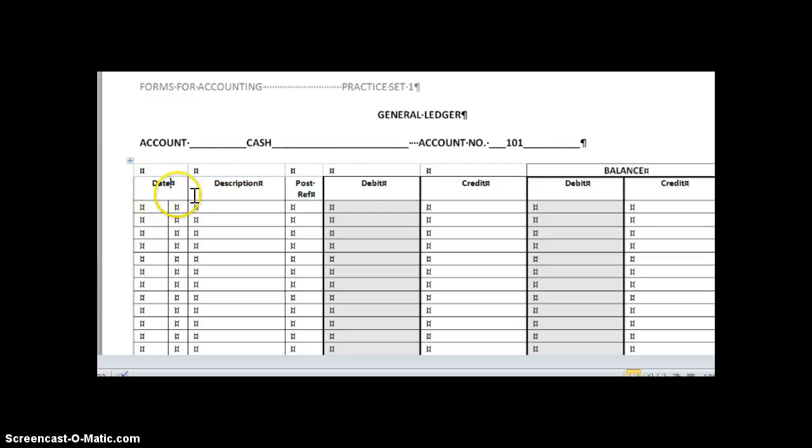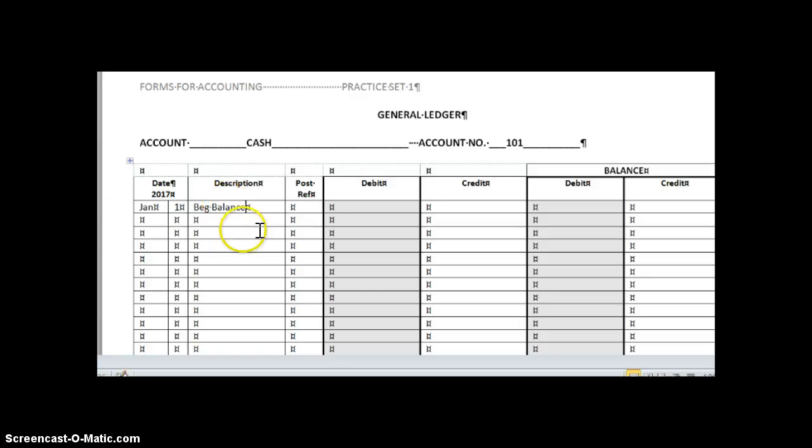In your journals, you have to enter the date. 2017 will be the dates we're starting with. This will be January 1st. You're going to put in beginning balance.